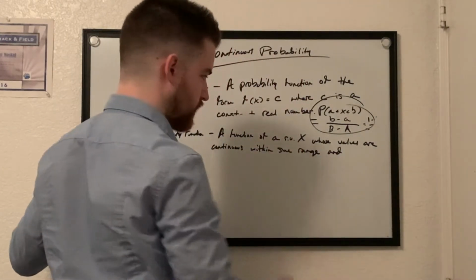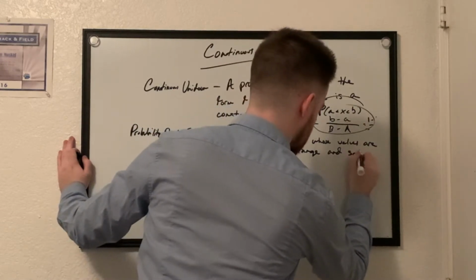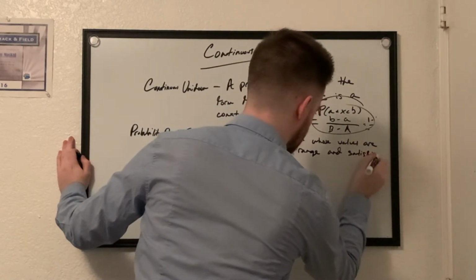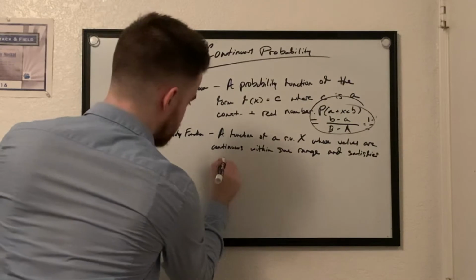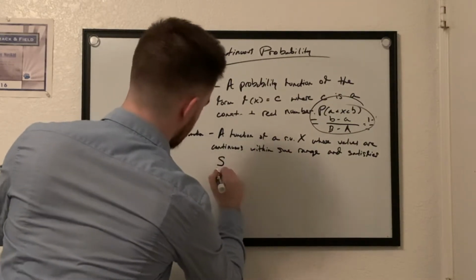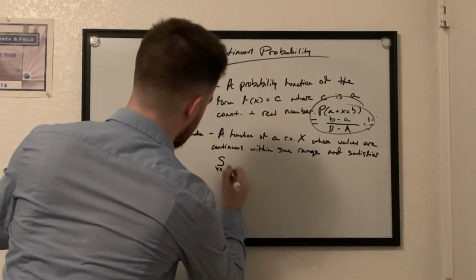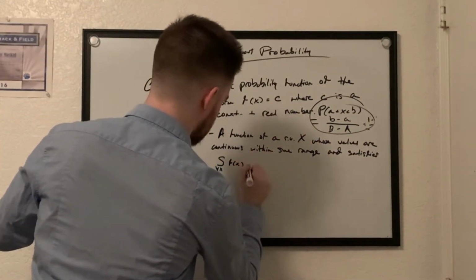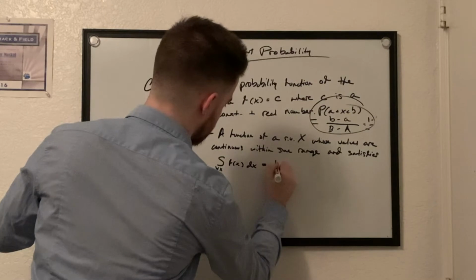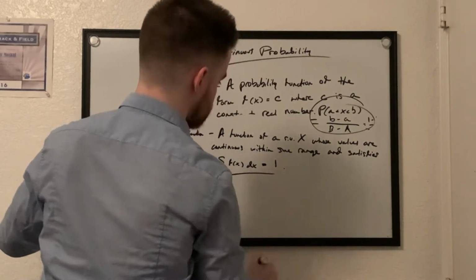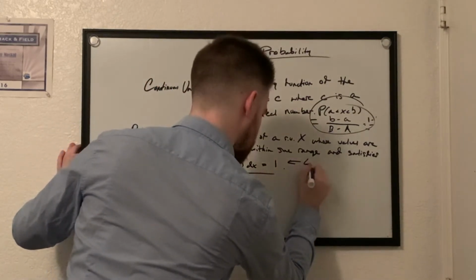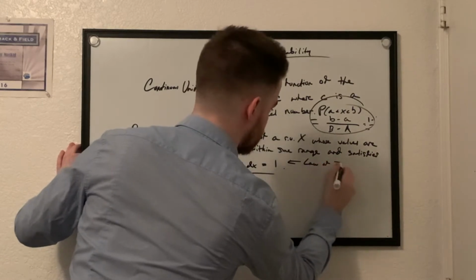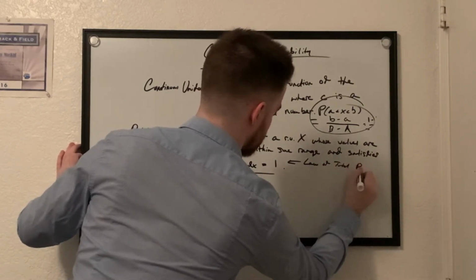And how we show this is: and satisfies the integral over all the x values it can take on of our function f of x with respect to x is equal to 1. And I'll say law of total probability.